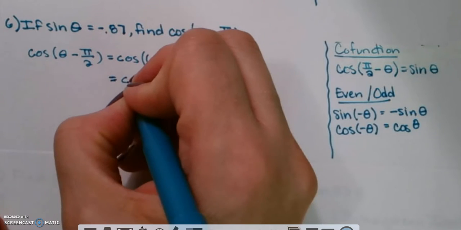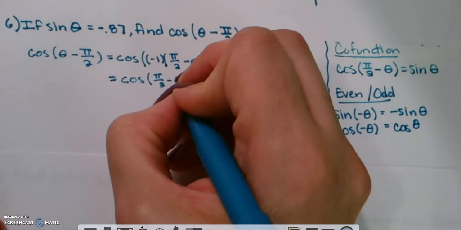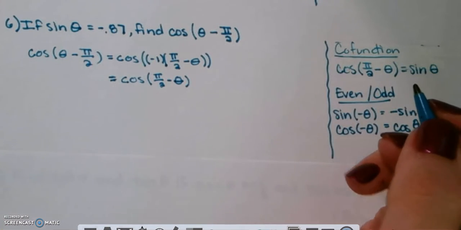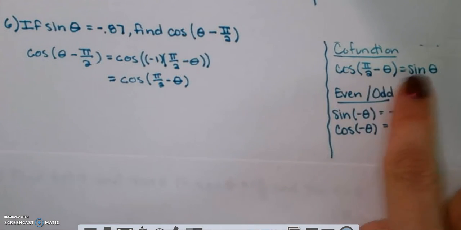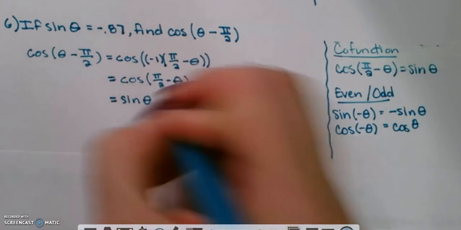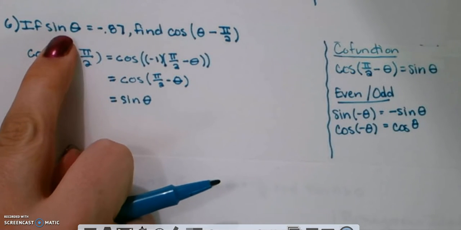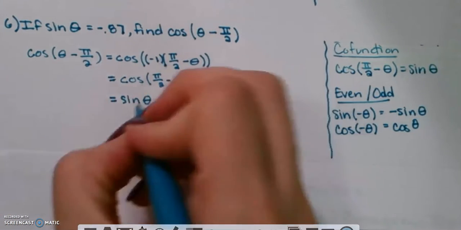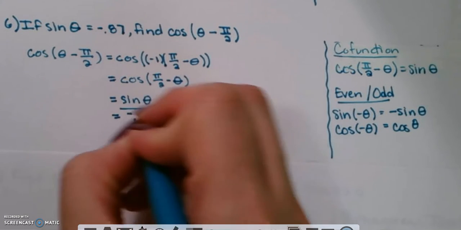So I can rewrite that as cosine of pi over 2 minus theta. And now, using my cofunction identities, I know that this is just equal to sine of theta. Now, sine of theta in our original problem is equal to negative 0.87. So I know that this expression is now equal to negative 0.87. So those have the same value.